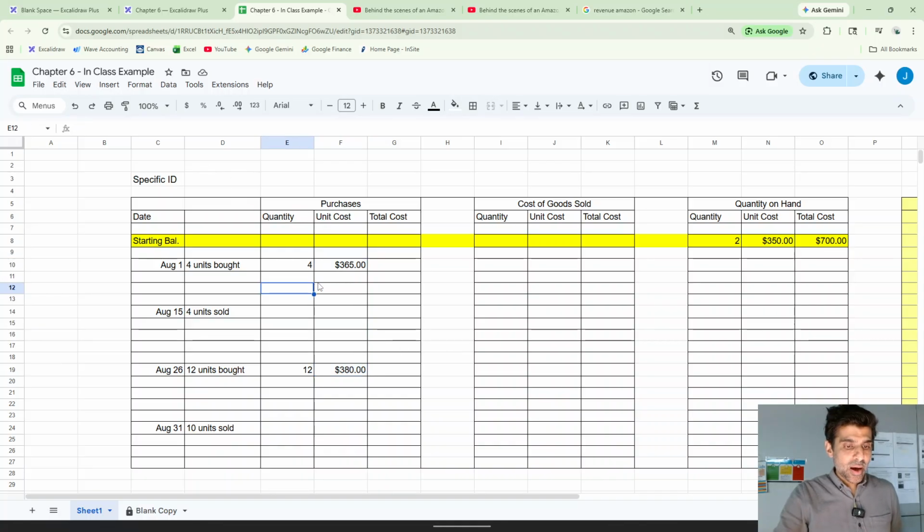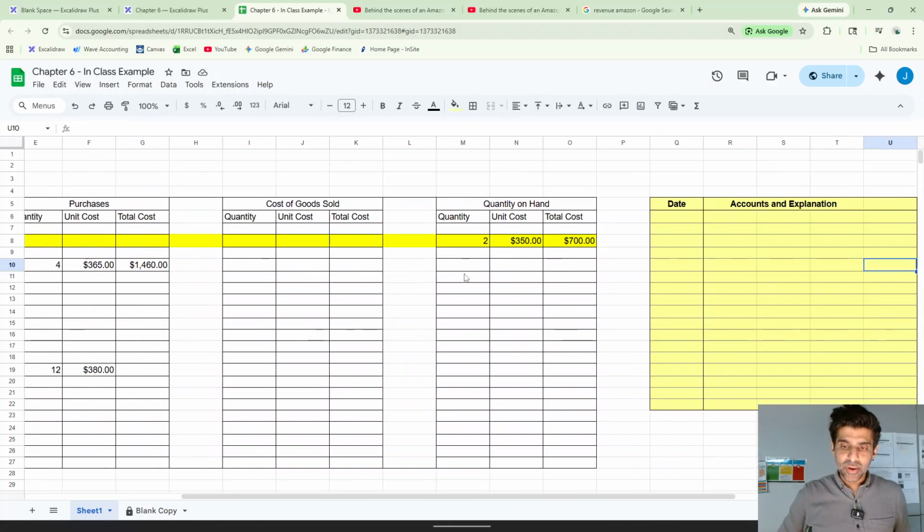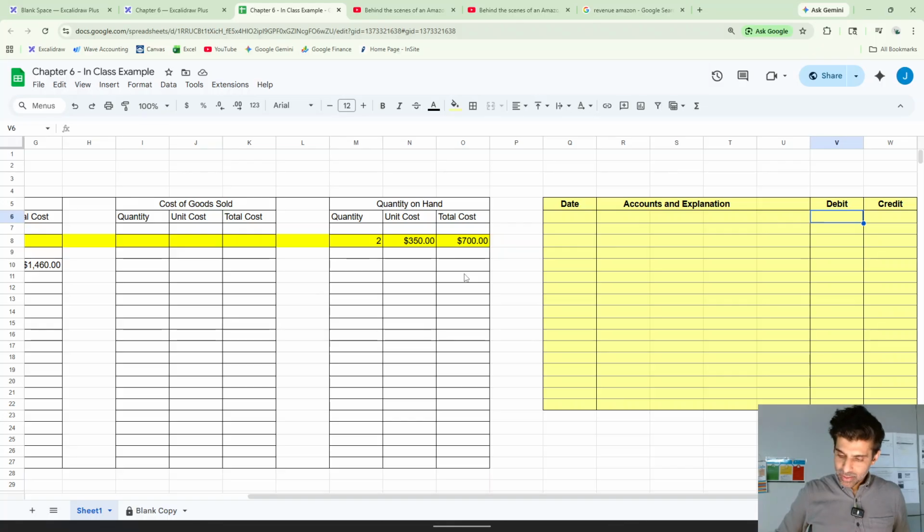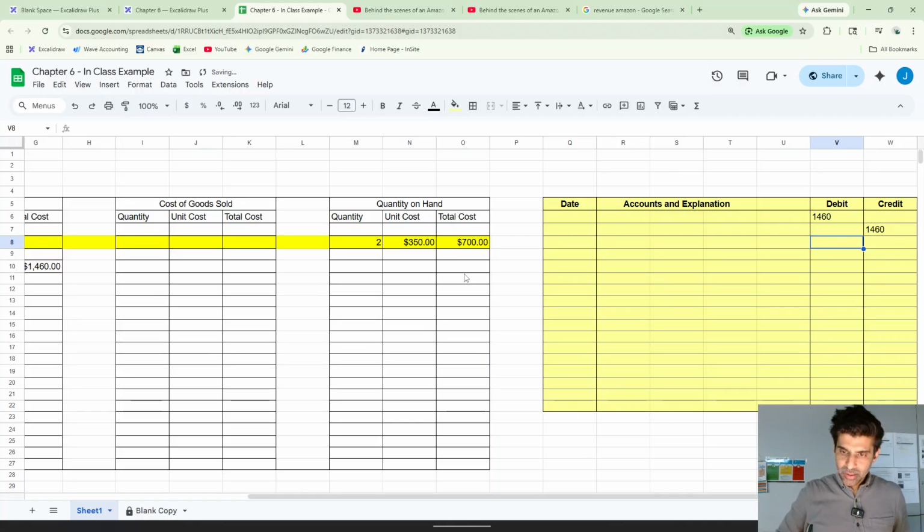Okay, so you bought 4 units, so the total cost is 4 times 365. This is the amount I'm going to put in a journal entry, right? A purchase transaction. So we're going to debit inventory 14,600, and credit 14,600.